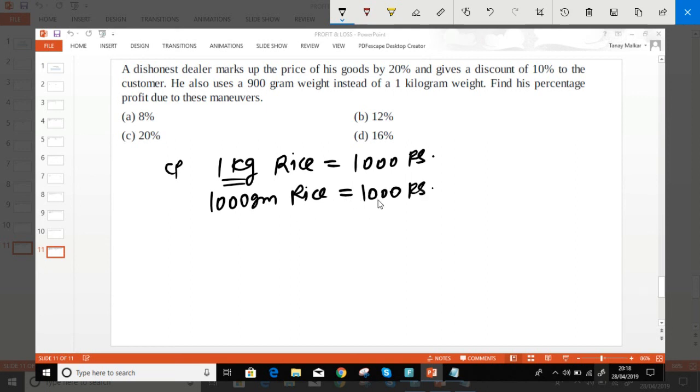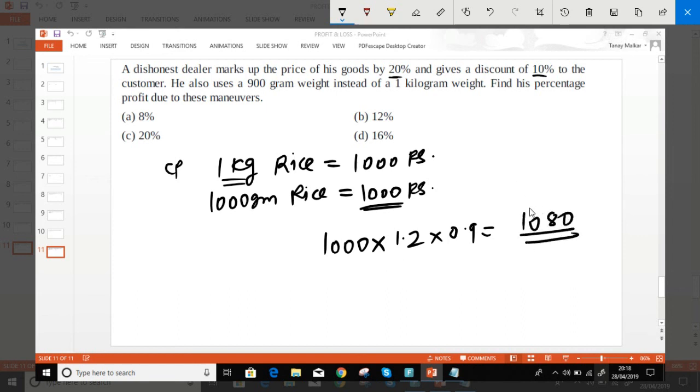Now, first of all, it is marking up by 20% and then giving a discount of 10% on this value. Markup means increase, so the multiplying factor for 20% becomes 1.2. And there is a discount of 10%. Discount means decreasing, so the multiplying factor will be 0.9. So the answer to this will be 1080.